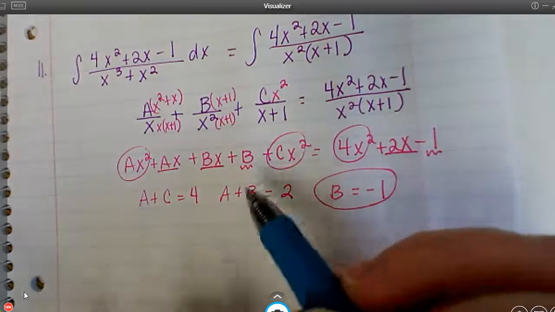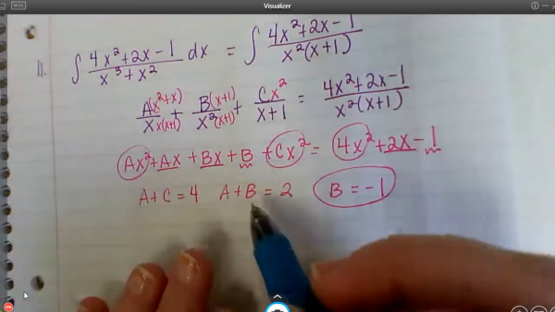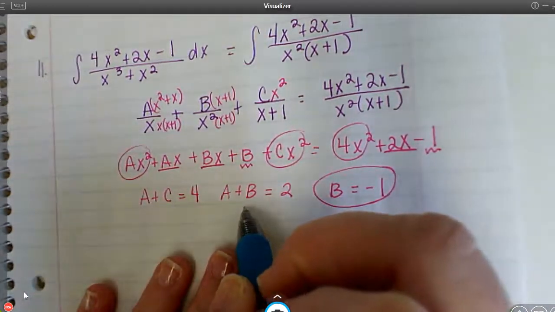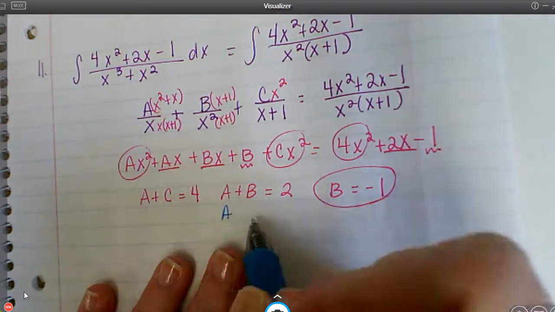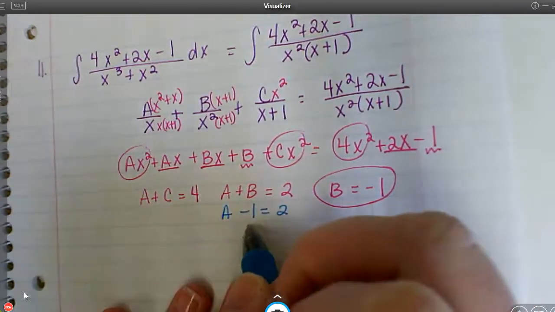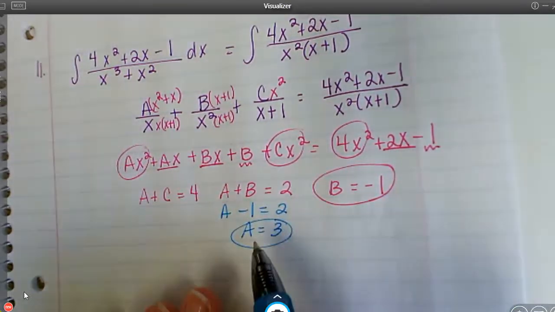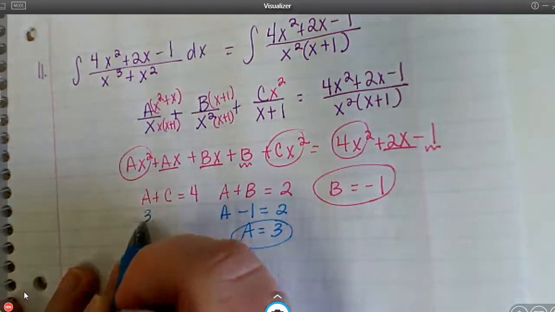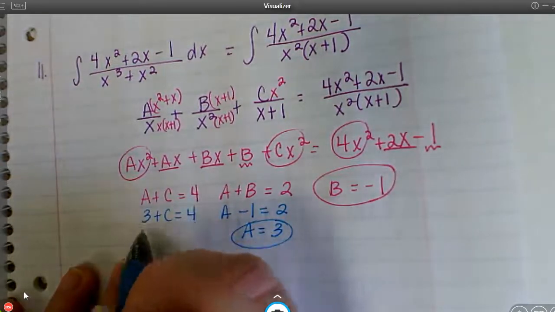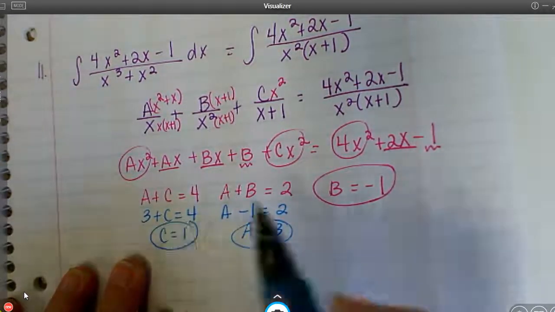Now that we know b, we can plug it into this one. And I always just look to see what would be easiest next. b is negative 1, so I can plug it in there and I can get a. And then once I know a, I can plug it in there. Subtract 1 and get c.